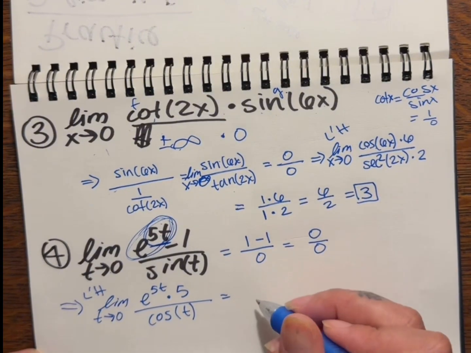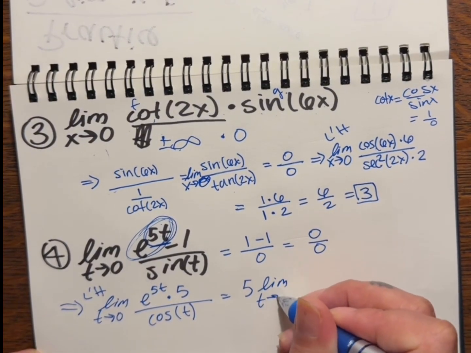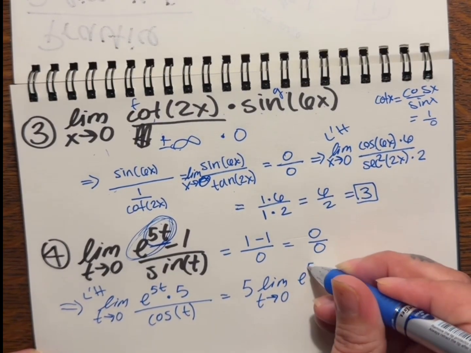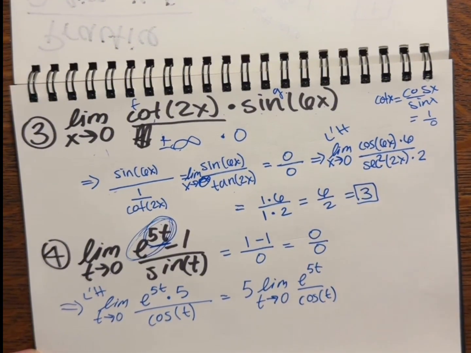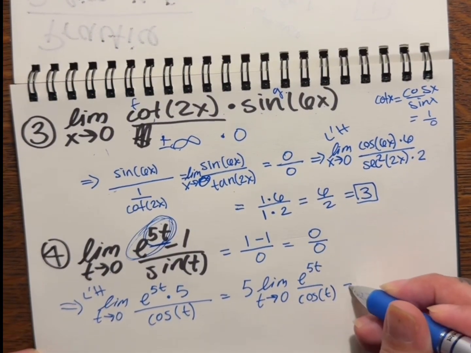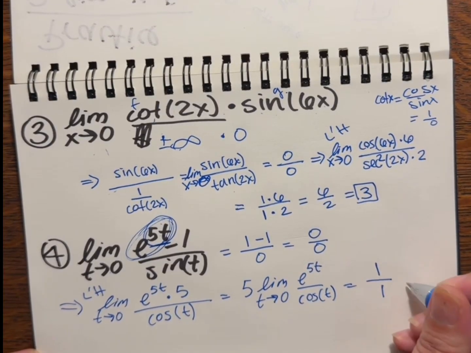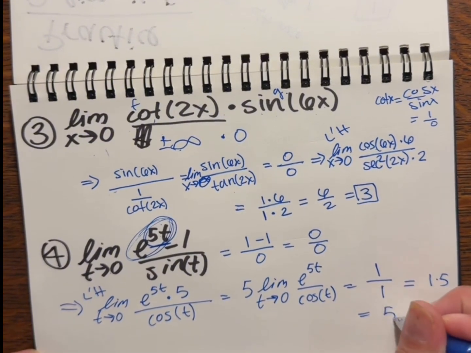And now here I'm going to move the 5 to the front. E to the 5t over cosine t. So here as t approaches 0, e to the power of 0 is 1. Cosine 0 is 1, so this is equal to 1, and then times 5 is equal to 5.